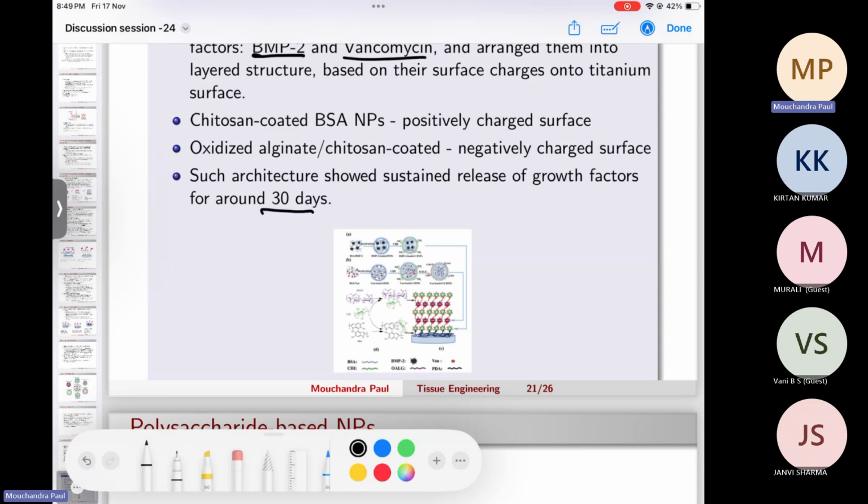And encapsulating the growth factors according to how it is there in the native ECM. That idea is combined here, but with encapsulating growth factors within the nanoparticles. Layer by layer assemblies are often seen in ECM. So they're basically combining the two approaches to get a sustained release of their growth factors.